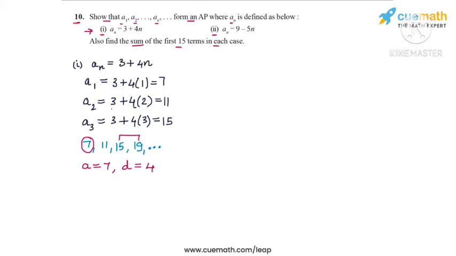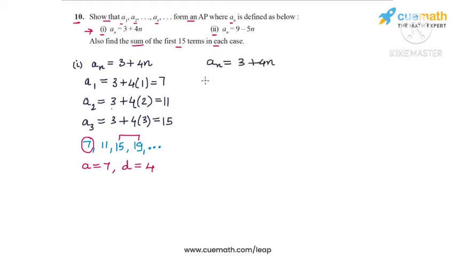Now another way to demonstrate that this sequence forms an AP is to not find any specific values, but to check the difference between, let's say, the nth term and the n minus 1th term. We already have an as 3 plus 4n.